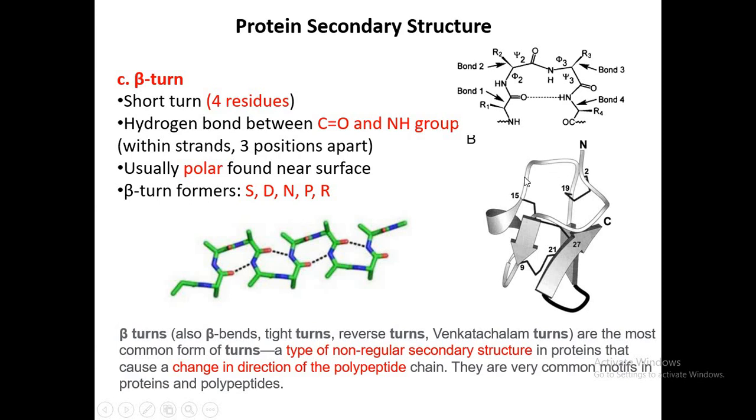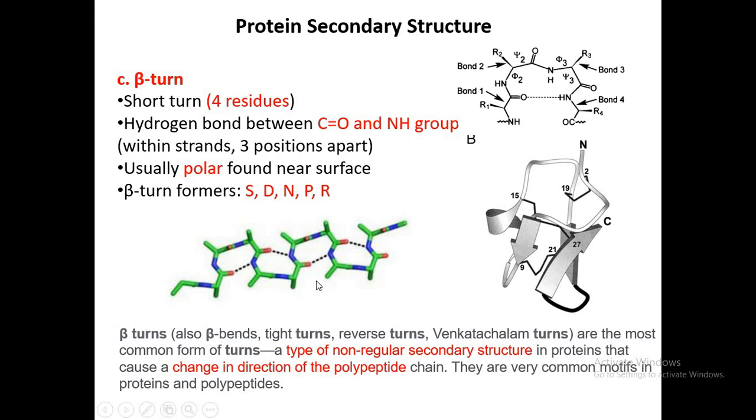Due to the presence of this beta turn, the polypeptide chain can easily change its direction. The amino acids that can be found in the beta turn are cysteine, serine and proline. The most important amino acid in the beta turn is proline.